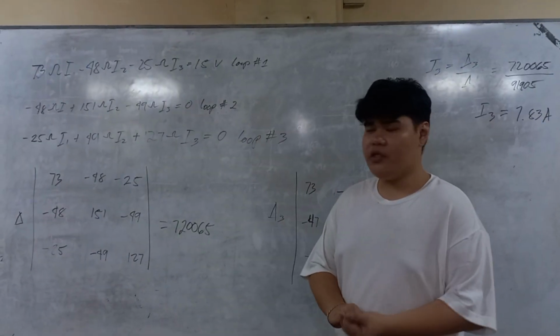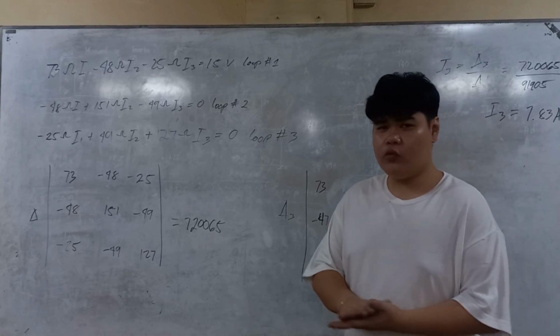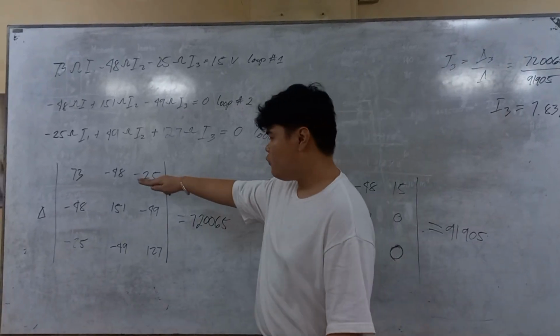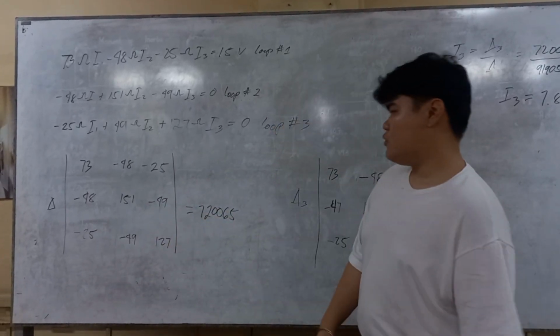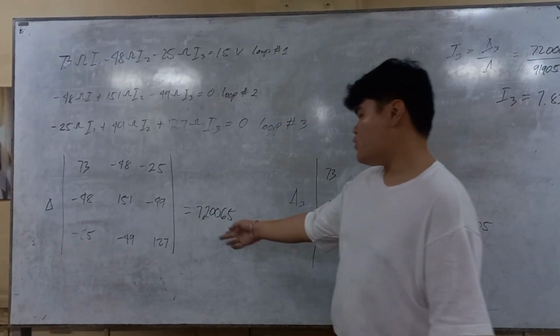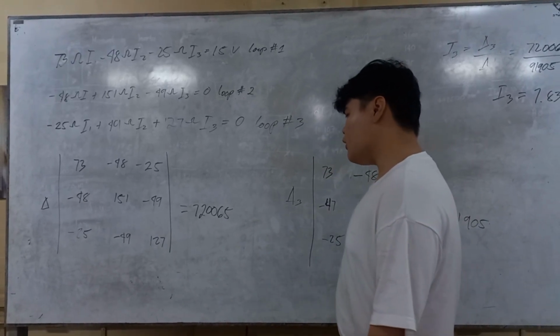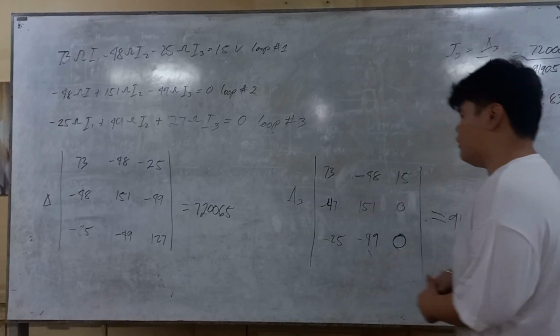After solving for each loop 1, 2, and 3, now we move on to the matrix method. So we just distribute the first loop, second loop, and third loop. So theta is equal to 700,000, 120,065.